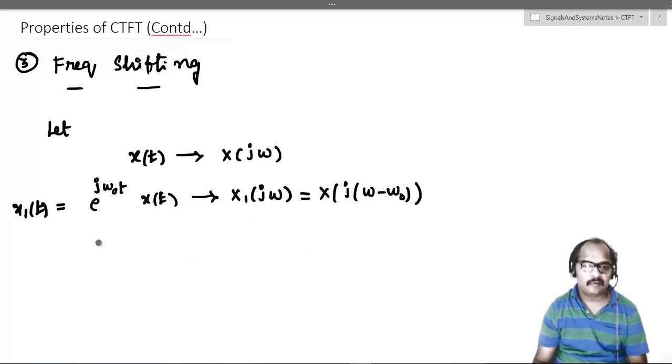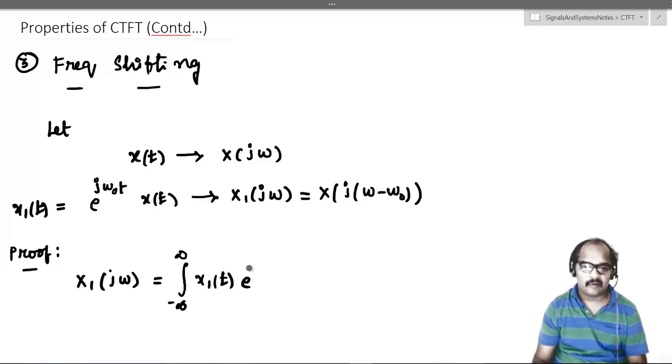So when is that possible? If you multiply the time domain signal with e power j omega naught t. We will take the proof of this. What do we want? We want the Fourier transform of x1 of t, which we call x1 of j omega. So what will be our x1 of j omega? That is nothing but integral minus infinity to infinity x1 of t e power minus j omega t dt.